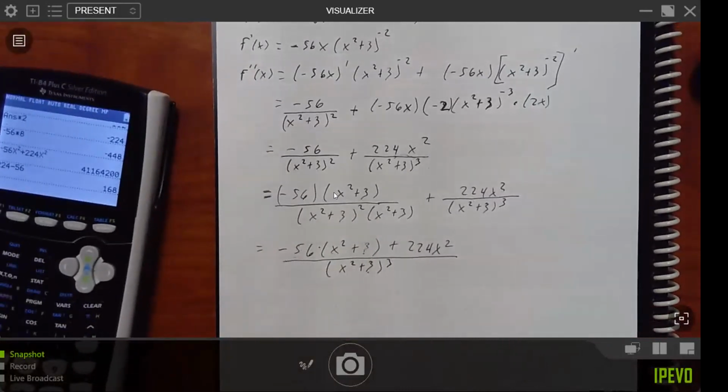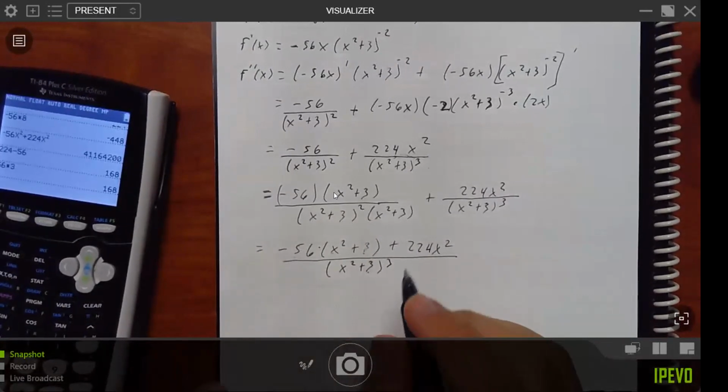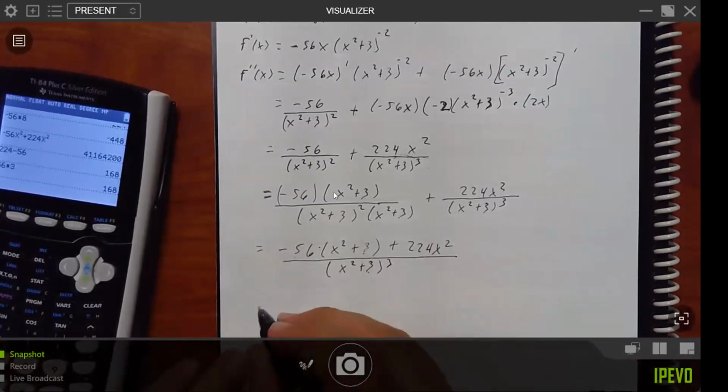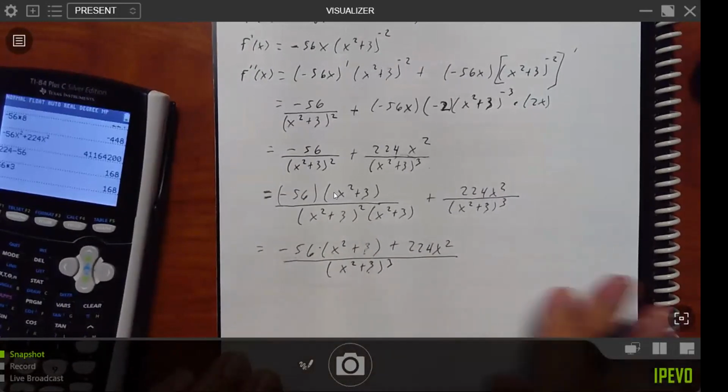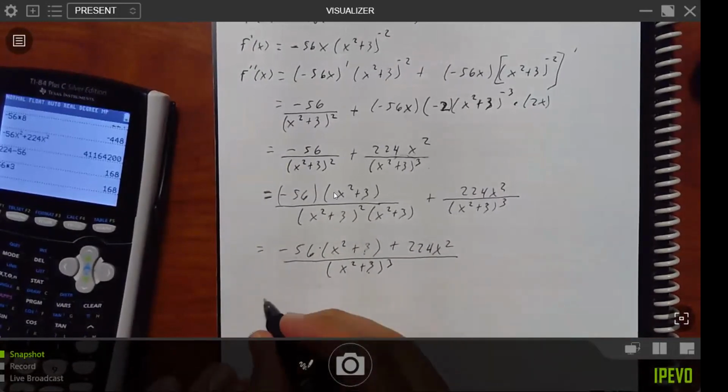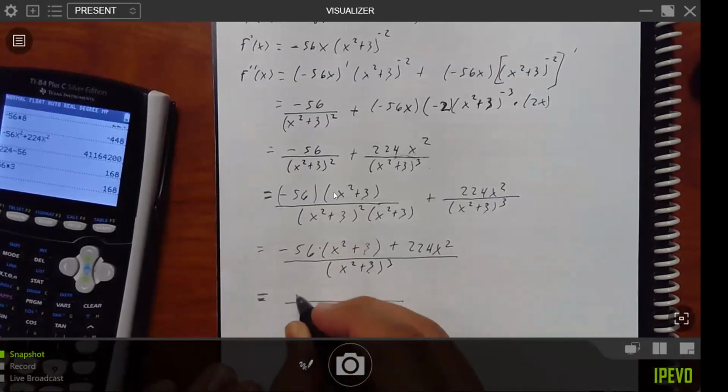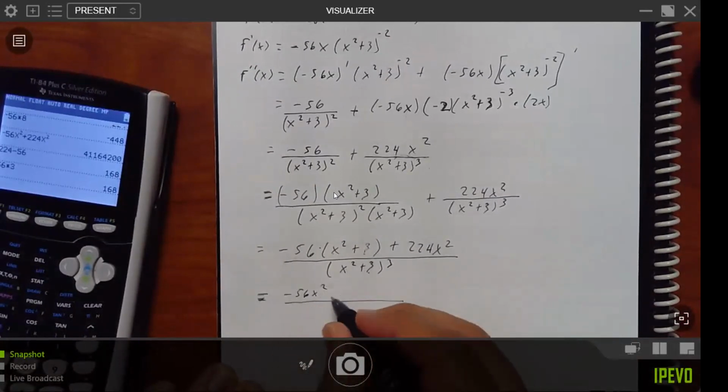It'll be negative 56 times 3. Yeah, that looks better.